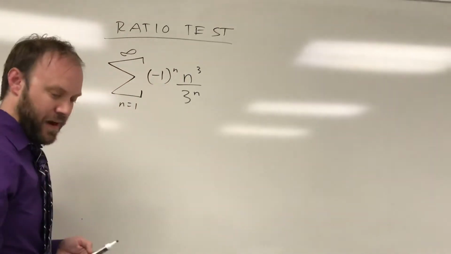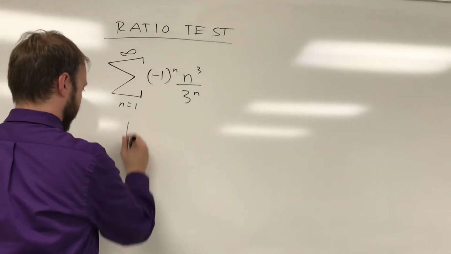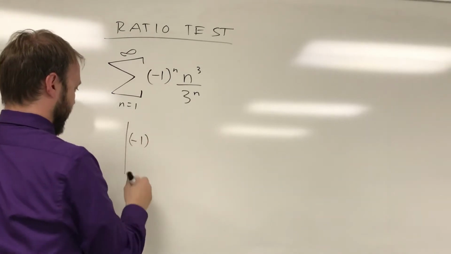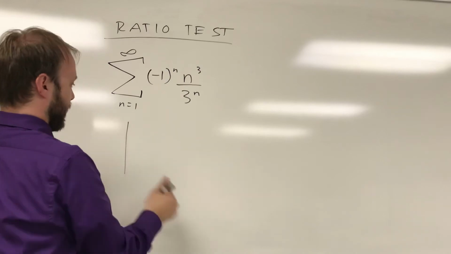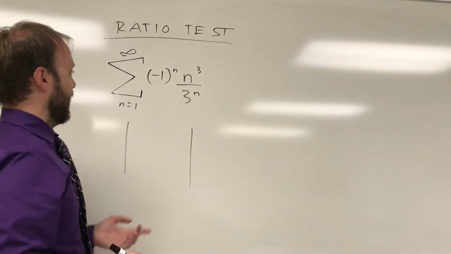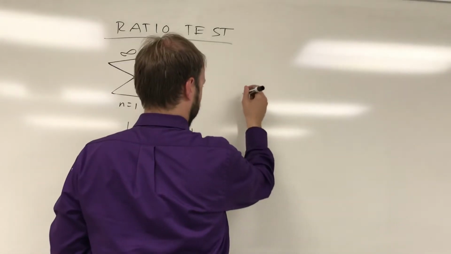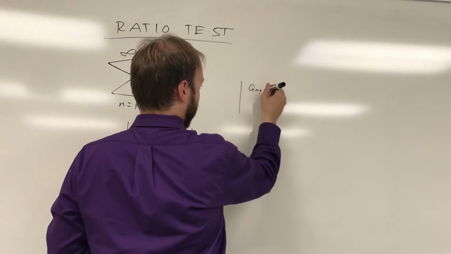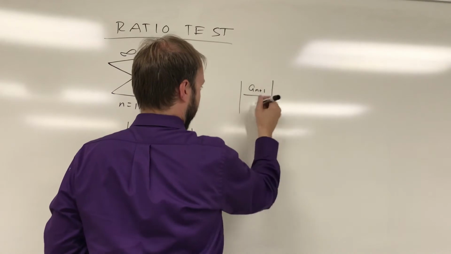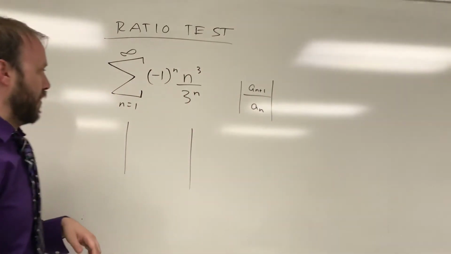I'm going to look at the absolute value of the n plus 1th term divided by, and I'm going to write this down over here, the nth term. That's really what we're looking at here.